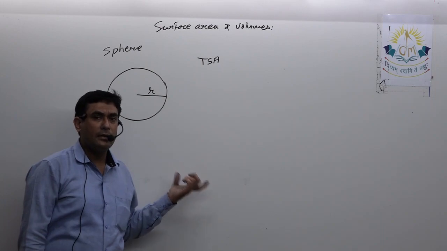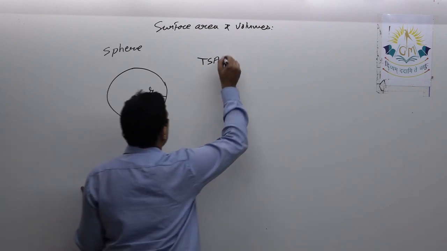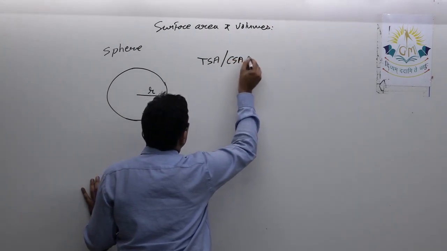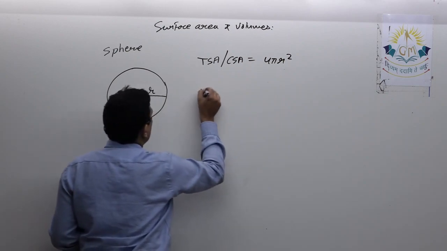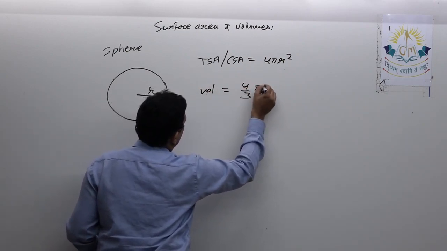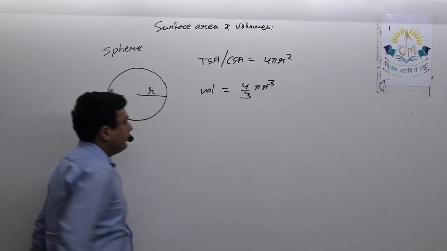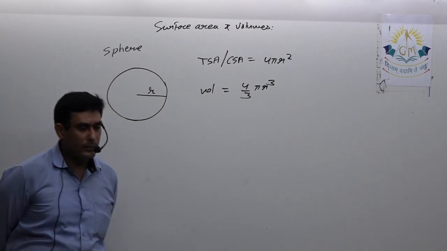It has only a curved surface, and that curved surface is actually its total surface. So TSA or CSA in this case remains the same, that is 4 pi r square, and volume is 4 by 3 pi r cube.